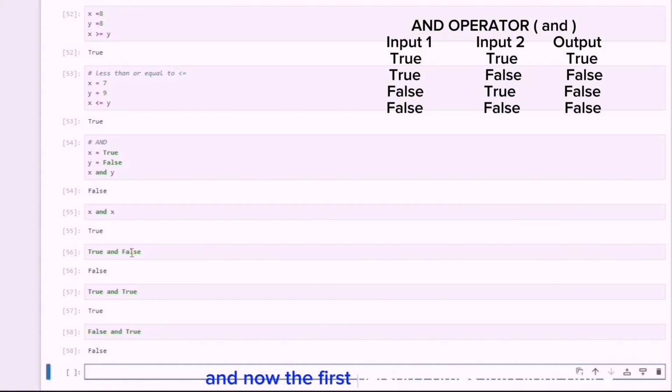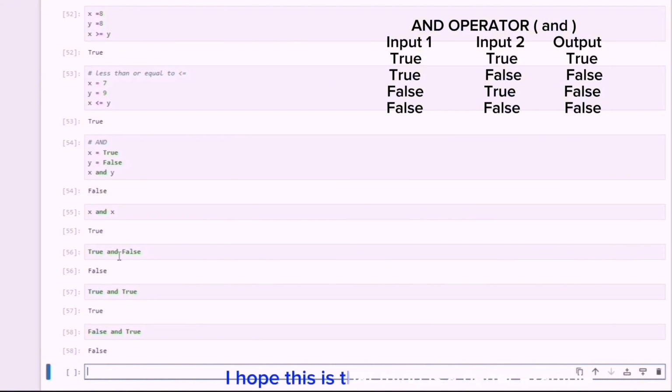Now the first person comes into your office. Yes, that person scored above 80 in maths, but did not score above 80 in English. Automatically, that person did not pass because the person needs to score above 80 in both maths and English.